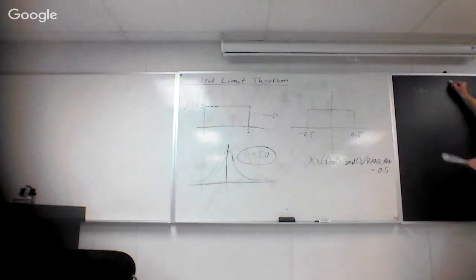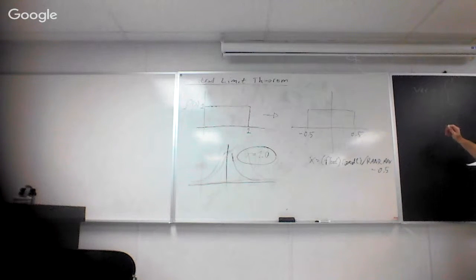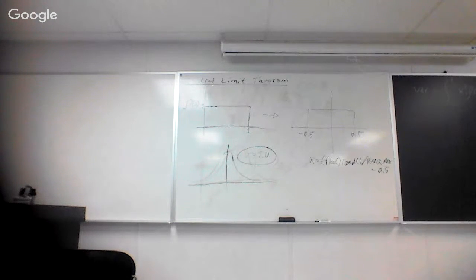Right. So what I do is I can calculate the second moment of the distribution by going x squared rho of x dx. And then I subtract off the average squared.